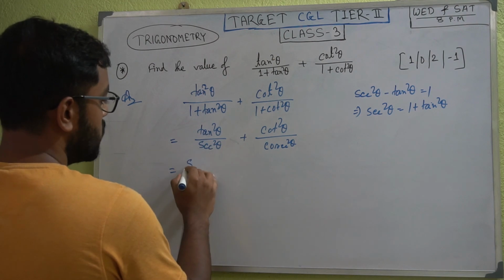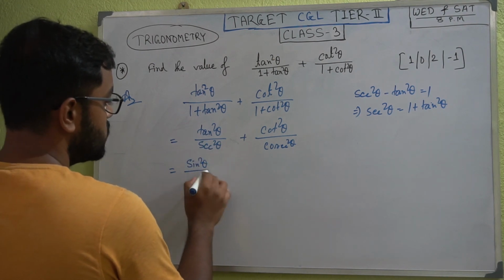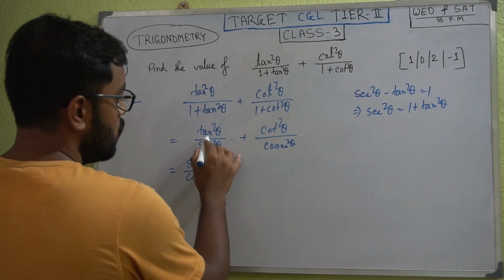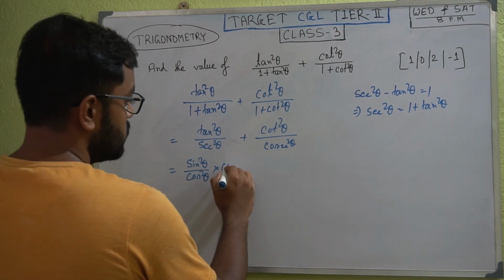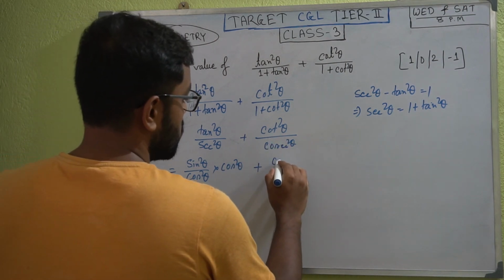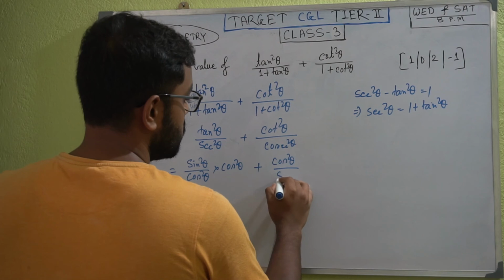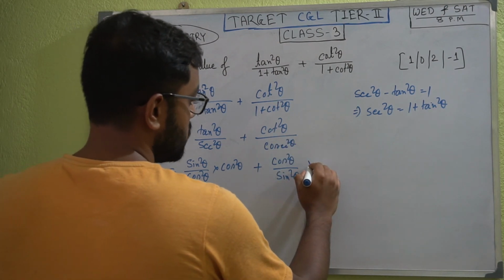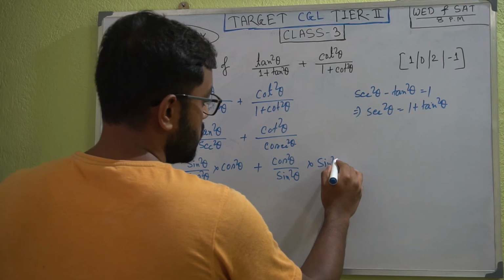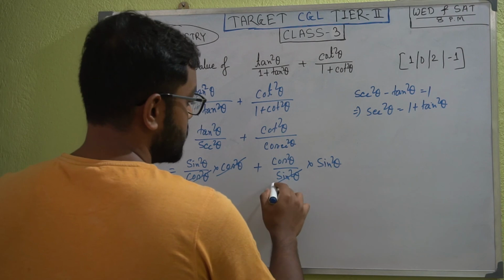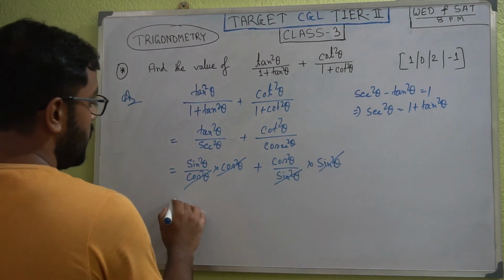Now tan square theta means sin square theta by cos square theta into 1 by sec square theta, that means cos square theta, plus cot square theta means cos square theta by sin square theta, and 1 by cosec square theta means sin square theta. Cos square theta eliminated, and sin square theta eliminated.